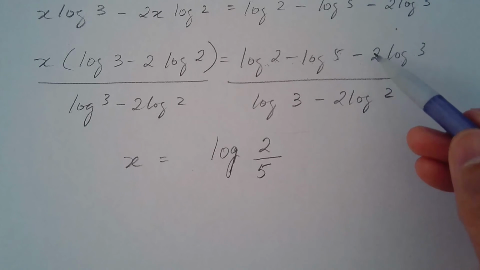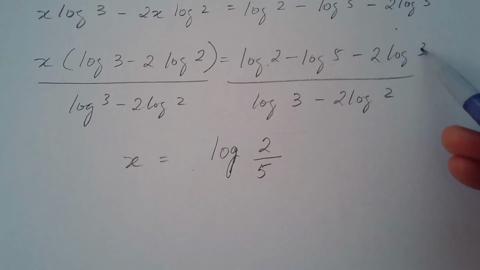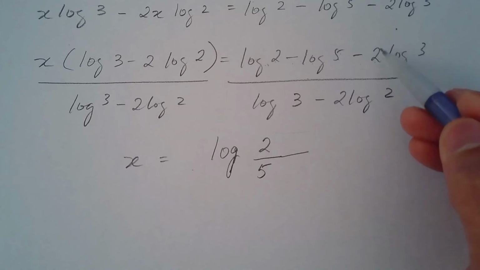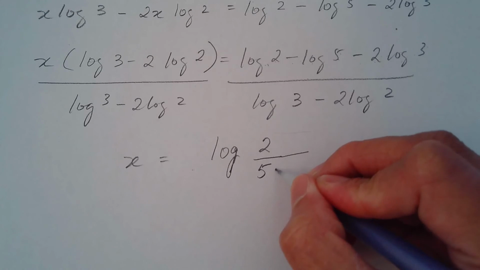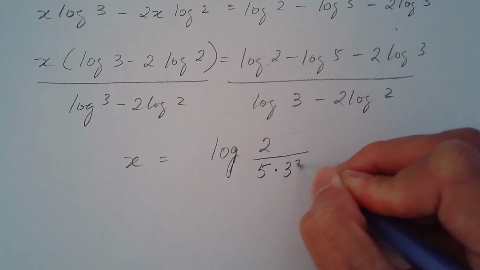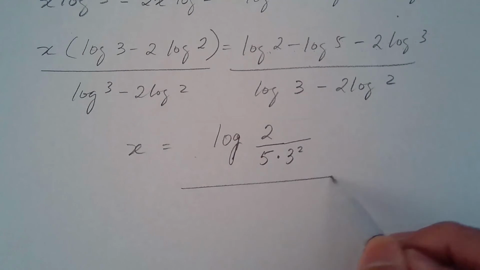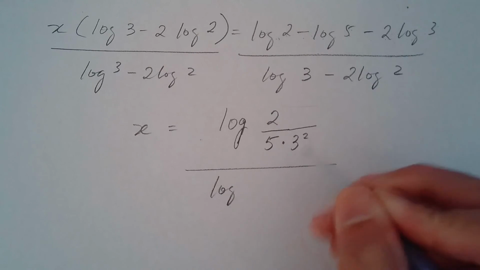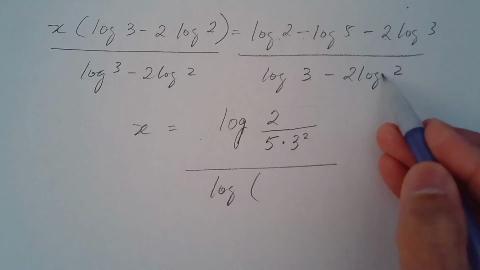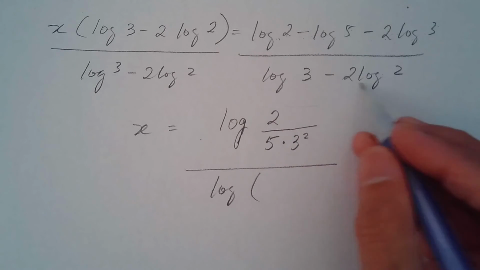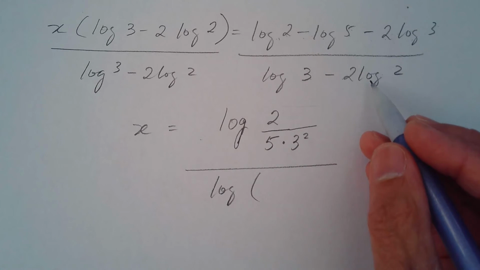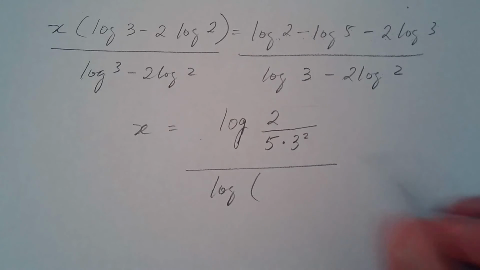And then this is going to be minus 2 log 3. So that's the same thing as dividing by 3 squared, which is 9, right? Divided by log of, now this is being divided, right? Because its exponents are being subtracted, so the power must be divided.